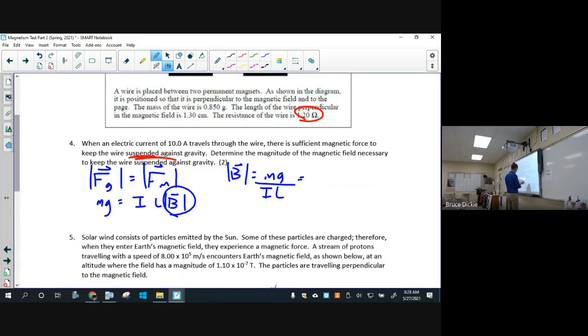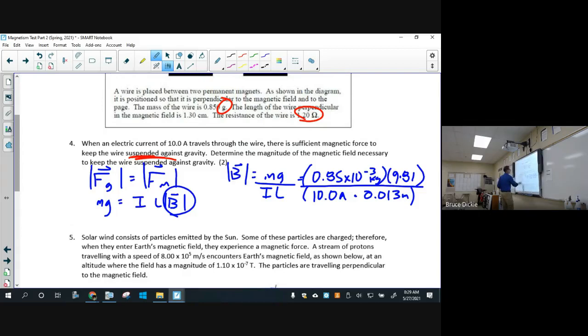My mass here in kilograms is 0.85 times 10 to the minus 3 kilograms, right? We're given the mass in grams, so we tack on a 10 to the minus 3 in order to make that kilograms. Times that by 9.81. The current here is 10 amps, and make sure you have that in brackets on the bottom. 0.013 meters.